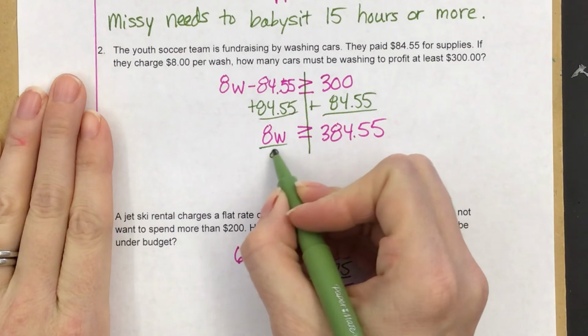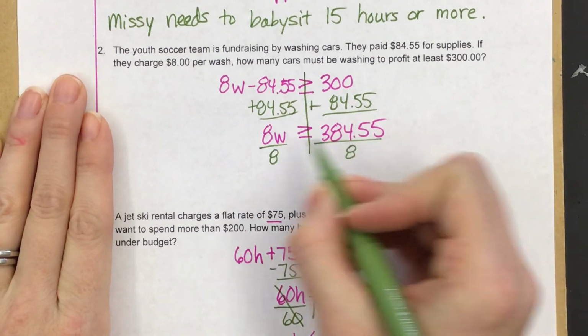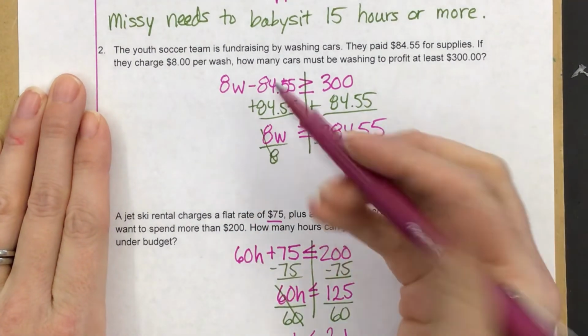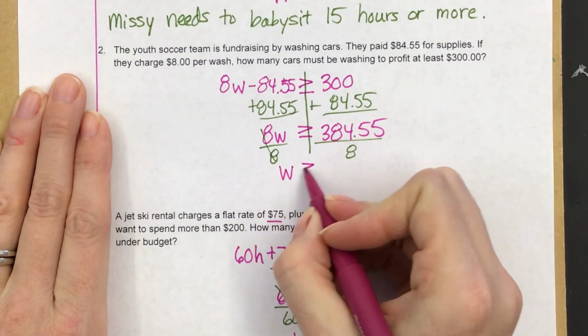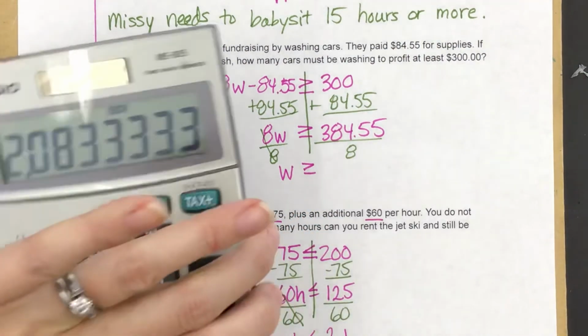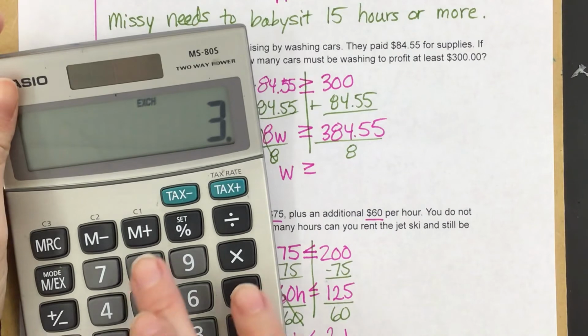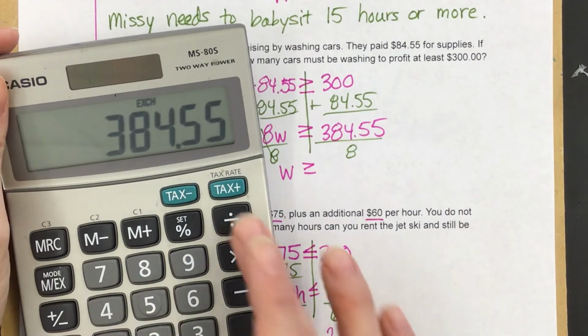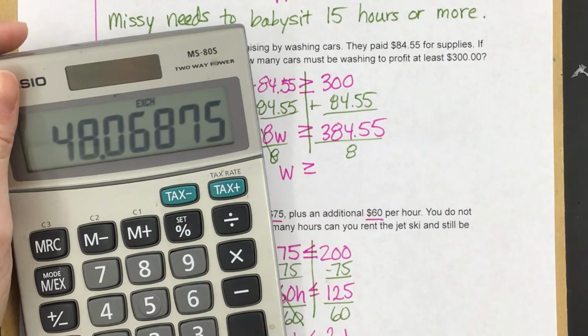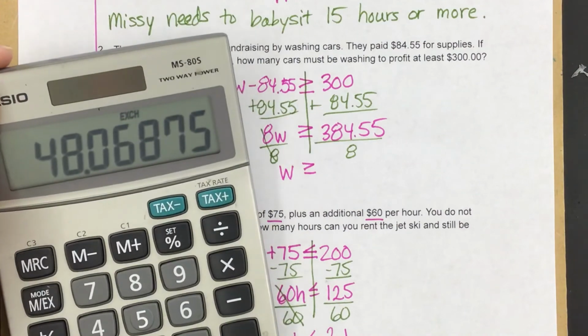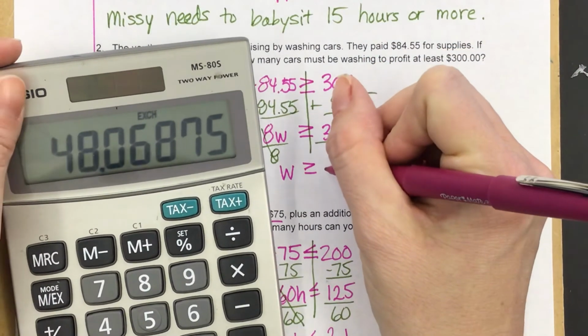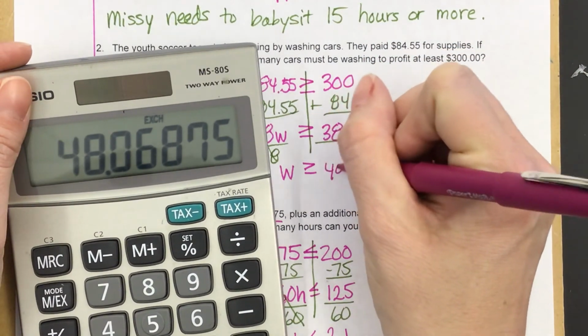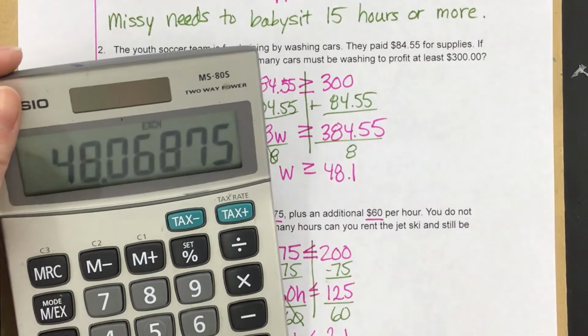Now we'll divide. So we have W is greater than or equal to, and then if I divide this, $384.50 divided by 8. It's a funky decimal, so we're going to say 48.1. We'll round it to that.